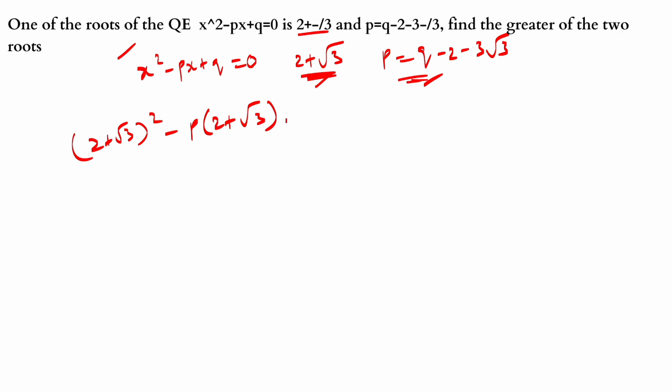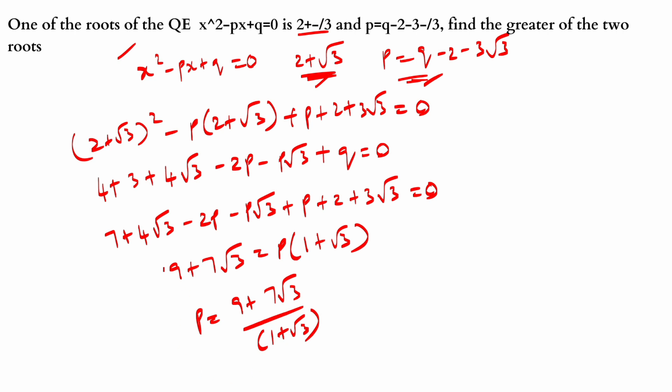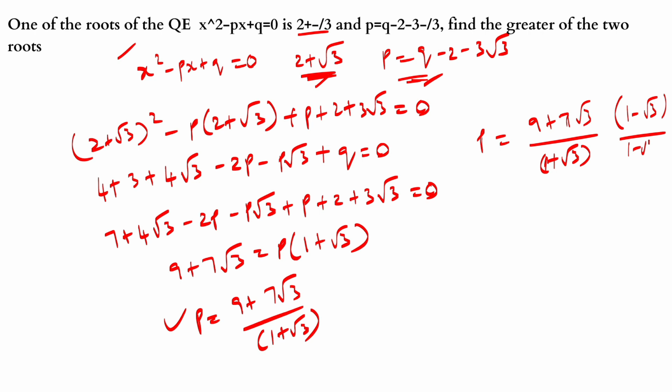So this will be p plus 2 plus 3 root 3, and this will be equal to 0. If we solve this further, we will arrive at an equation, and let us rationalize it. If you rationalize this, we will get p is equal to 9 plus 7 root 3 by 1 plus root 3, into 1 minus root 3 by 1 minus root 3.